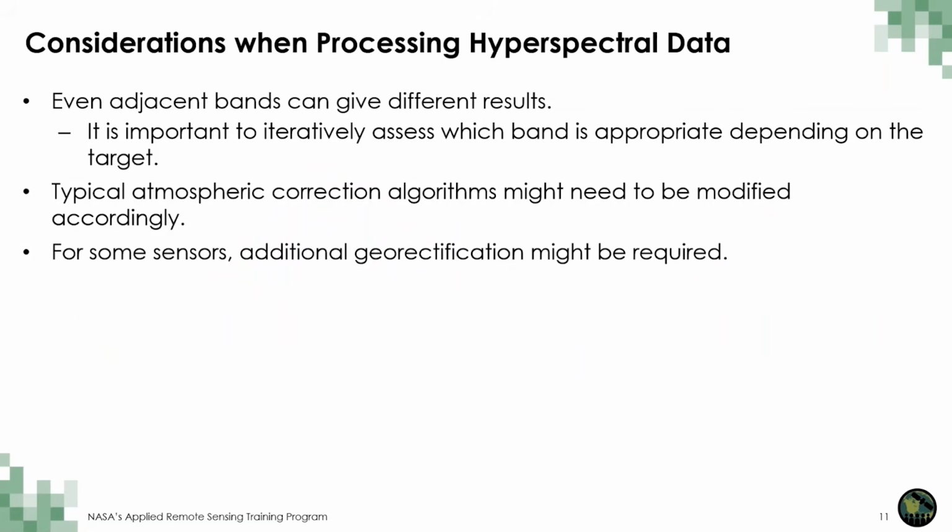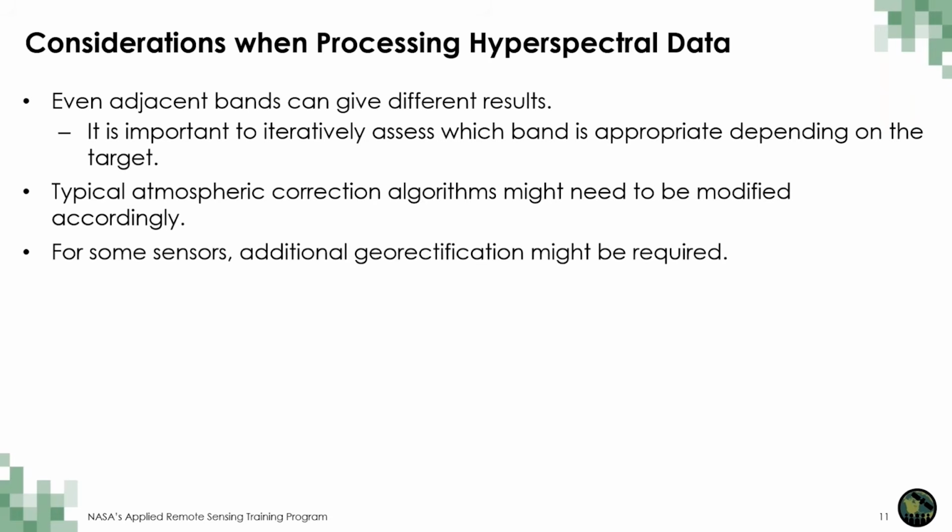Now, there are some considerations when processing hyperspectral data that we have to go through. For instance, even adjacent bands can give you completely different results. So it is important, particularly, to do an iterative process to choose which band is the appropriate one depending on the target. Also, typical atmospheric correction algorithms might need to be modified depending on the sensor.